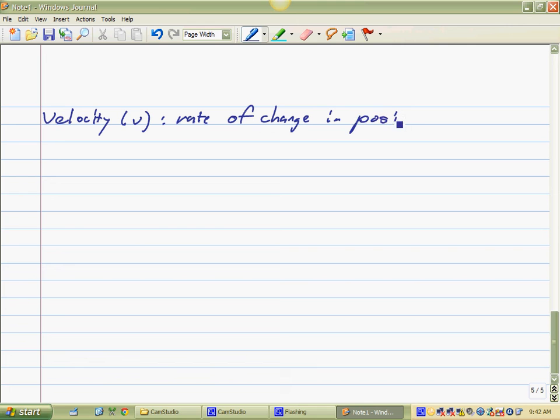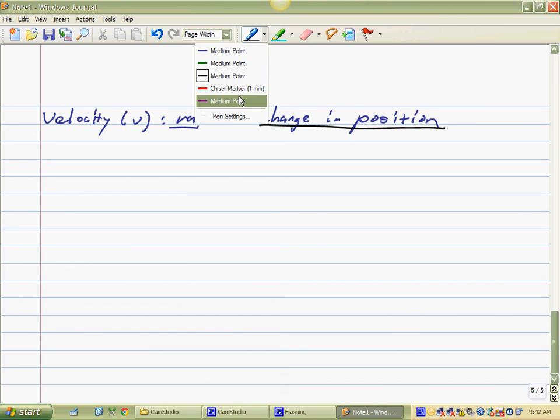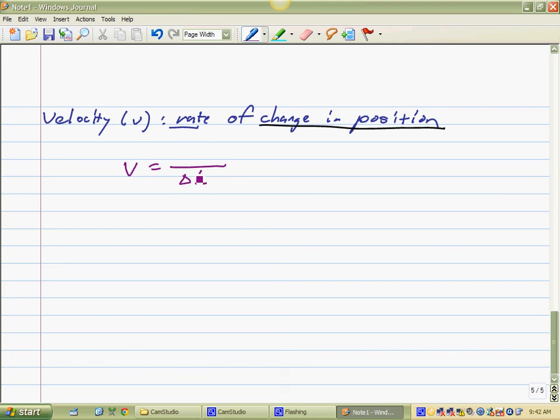So if we break that up, it's a rate and it involves change in position. So we know already that velocity is going to be a rate, which means it's something over the time. And if it's change in position, we know that's displacement divided by time.